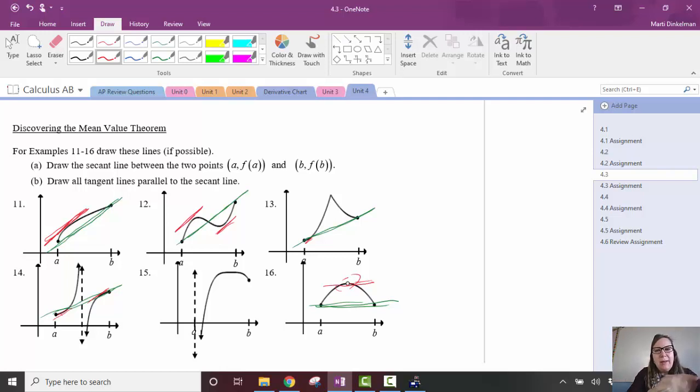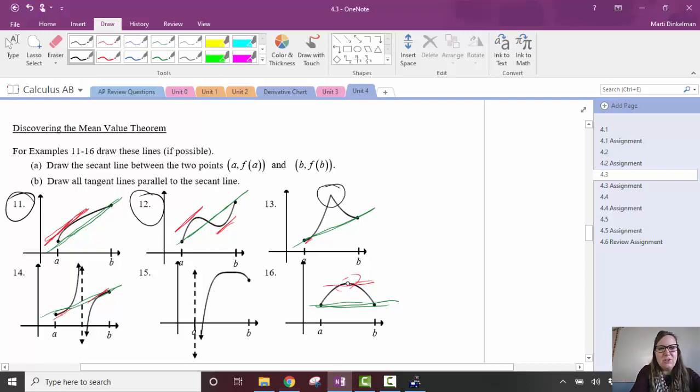Okay, so just to make sure that we're kind of talking about why he wanted us to do this, he wants you to notice the places we could actually for sure have parallel lines, or when we had a function that was continuous, okay, so that worked, and differentiable. So this one wasn't differentiable at some point. Remember, we can't take the derivative at sharp turns.